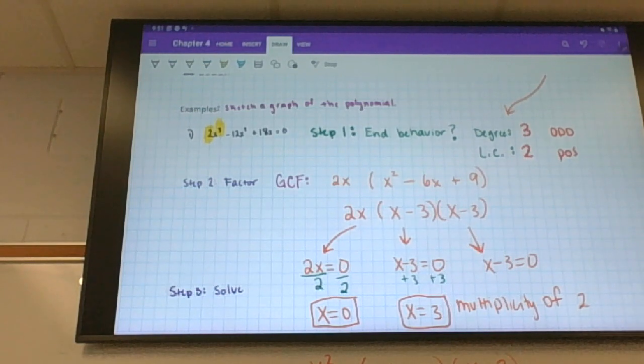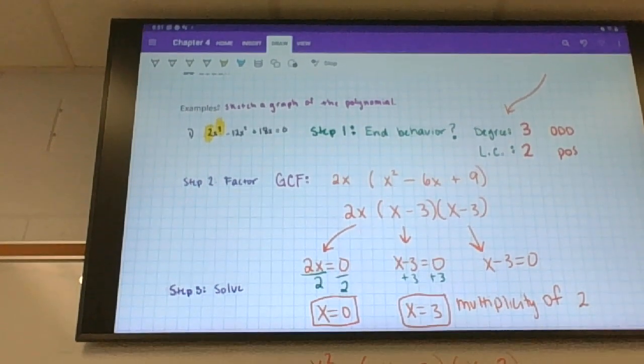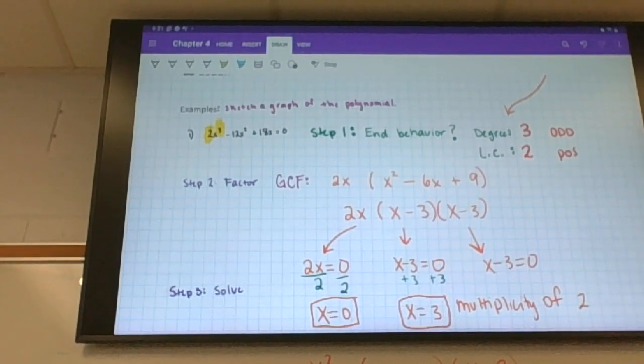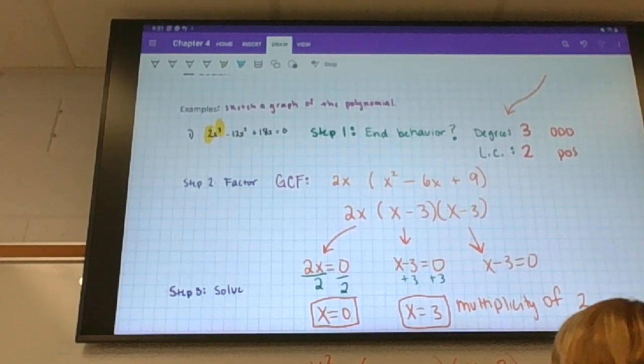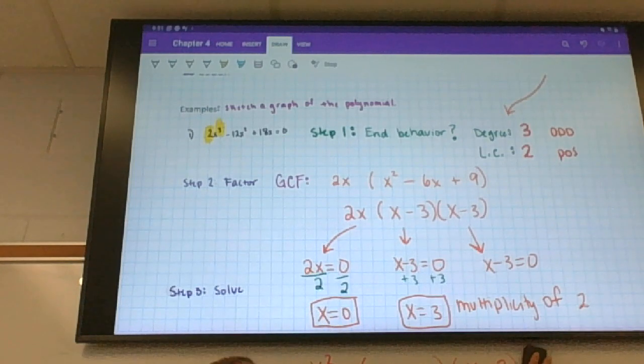All right, so after you get all that done, it's just time to graph. So draw your x and y axis. Looks like I have a big dot at 0.